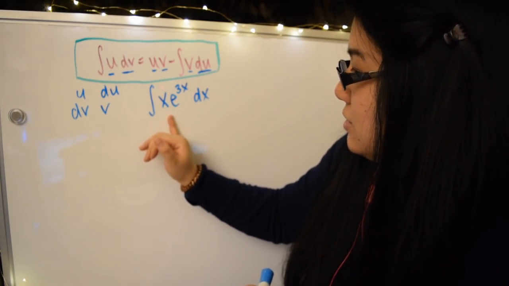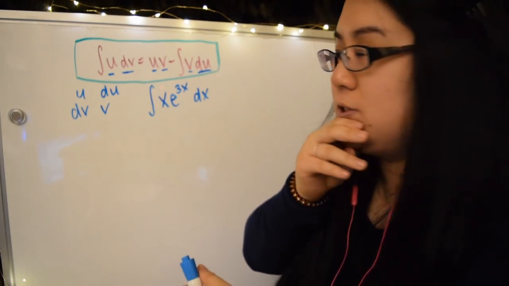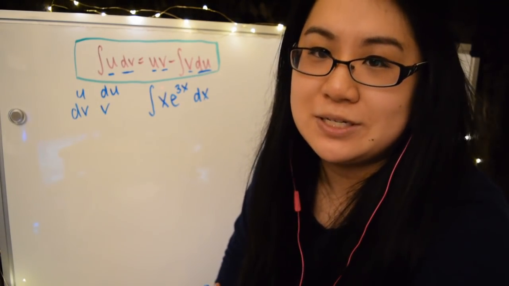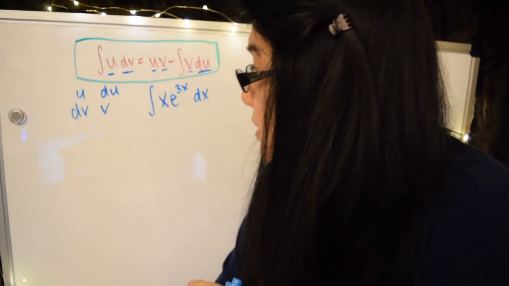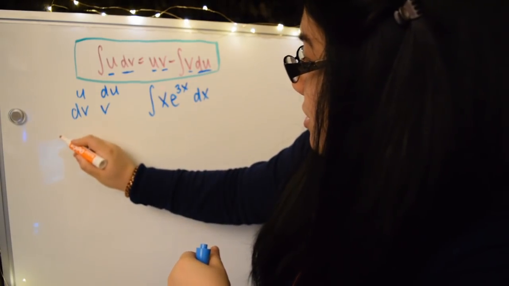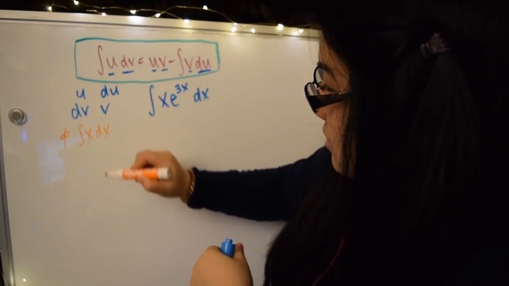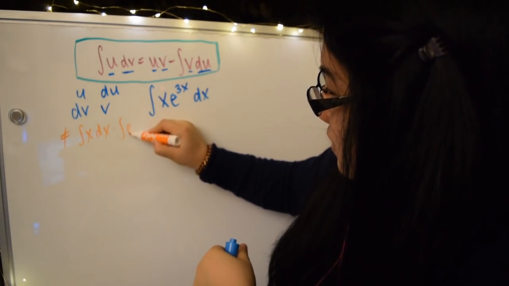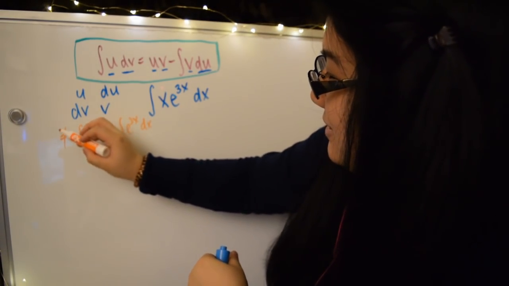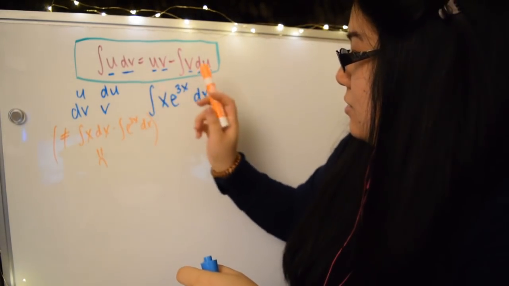We know the integral of x, and we know the integral of e to the 3x with substitution, but when these two are multiplied together, we can't use our basic integrals. So point one that I'm going to make is that this is not equal to the integral of x dx times the integral of e to the 3x dx. Okay. Sad face. Not. Okay, so we can't distribute this integral.